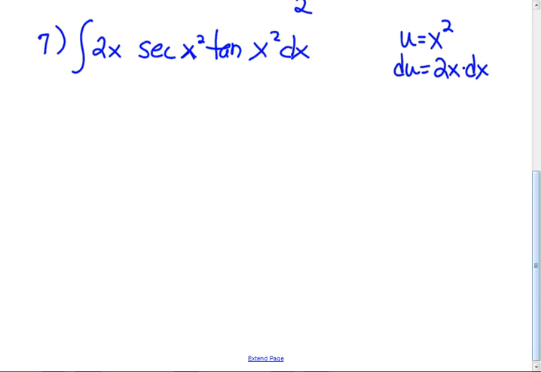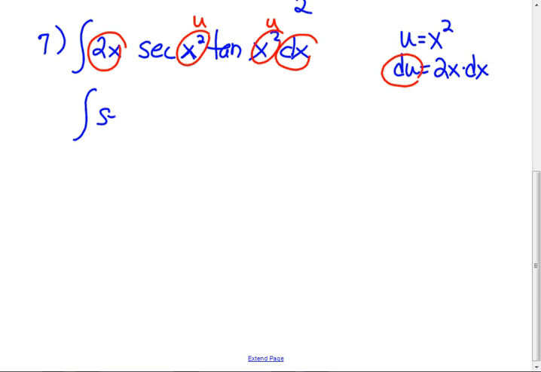You don't. So this together with this is equal to du. You see that? I could move them together. And then this part here is going to be u. So I'm going to be left with the integral of secant of u, tangent of u, du.